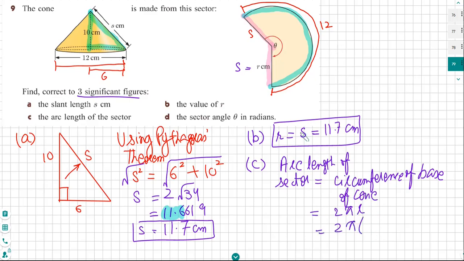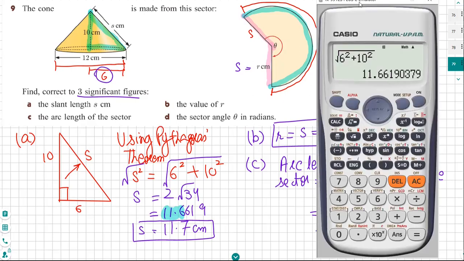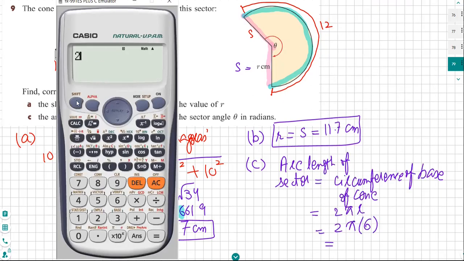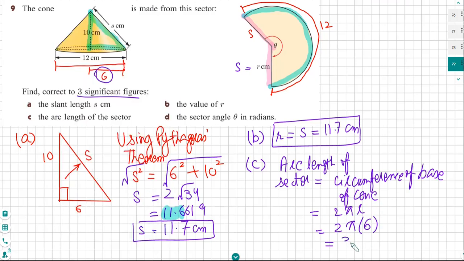What r should be taken? Not this one. r should be 6, because this is the radius of the cone, right? So 2 into pi into 6. So it is 12 pi or 37.699. In 3 significant figures, this answer will be 37.7 centimeters.